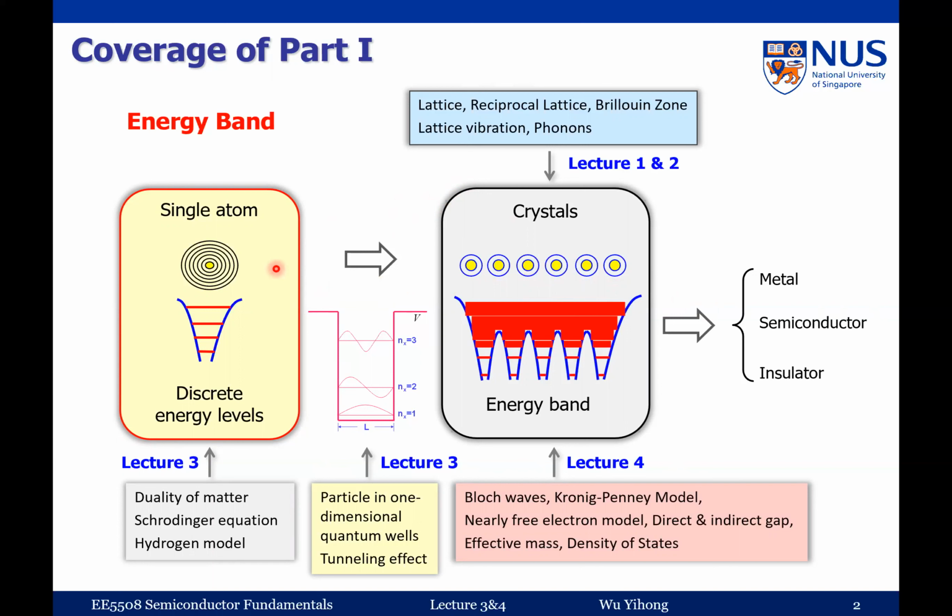So the simplest quantum mechanical system basically is the atom, right? And among all these different types of atoms, of course, hydrogen is the simplest atom. So you know that inside the atom, you have a nucleus, which is a positive charge, and then you have a different number of electrons, depending on what kind of atom you have, which are moving around this nucleus, right?